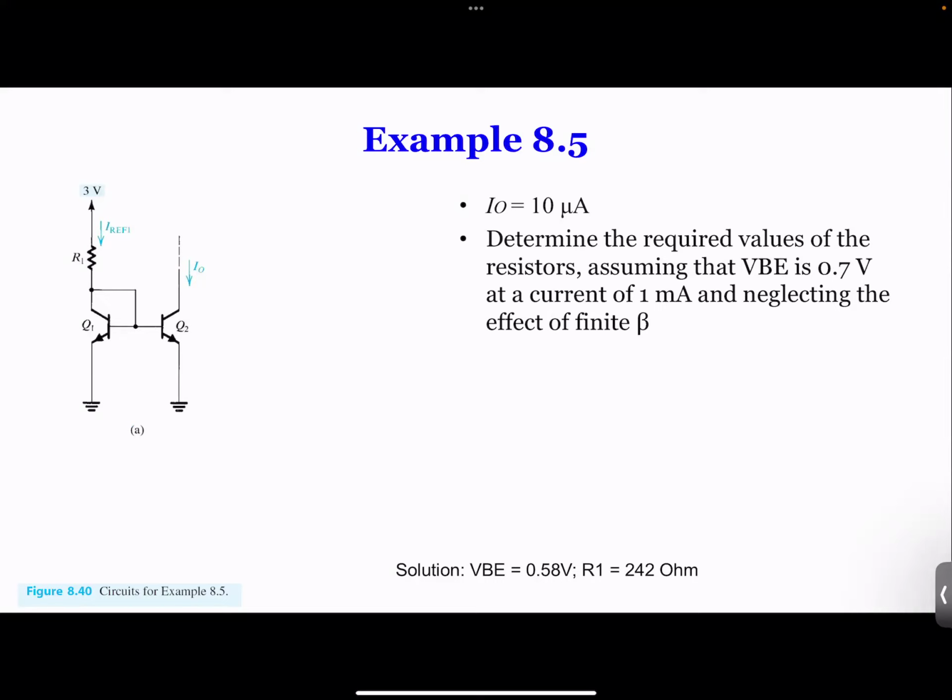So beta is infinity. In this case, we know the supply is 3 volts, and because beta is infinity, therefore IB is 0. So I reference will be the same as IO, which is 10 microamps.